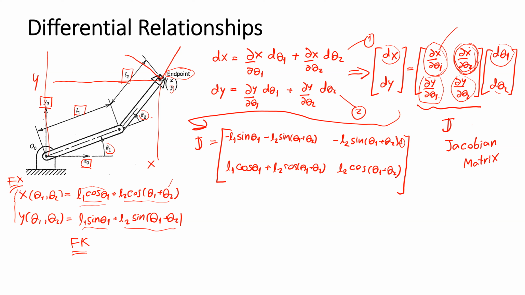This is the Jacobian matrix. We may try to write the matrix equation: the Jacobian and dθ.